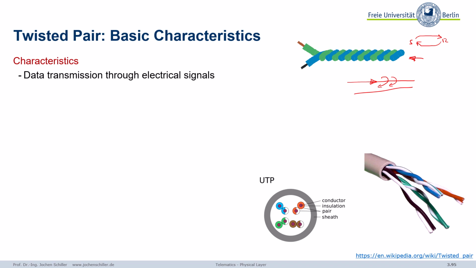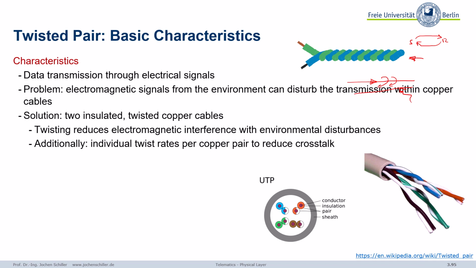Or if you have interference coming in, then those external fields can also generate a current causing interference with our data signal. So we can do several things. One, as we will see, is we can shield everything. Well, we'll see how this works. The other thing we can do is twisting.